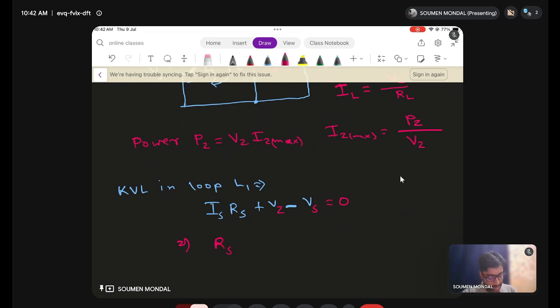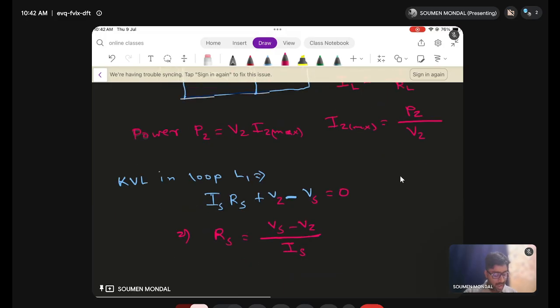Now the value of Rs is going to be Vs minus Vz, where Vs is the maximum source voltage we can have, by Is. So what is the maximum Is?